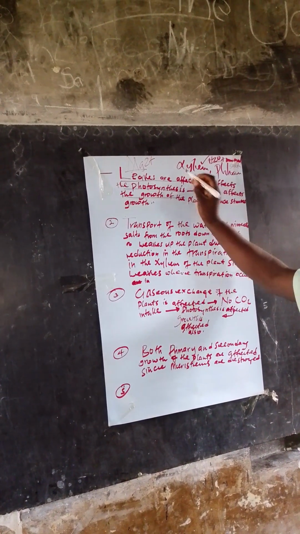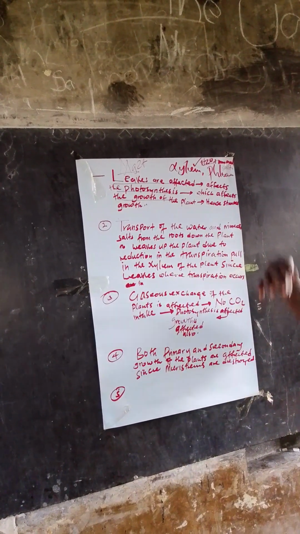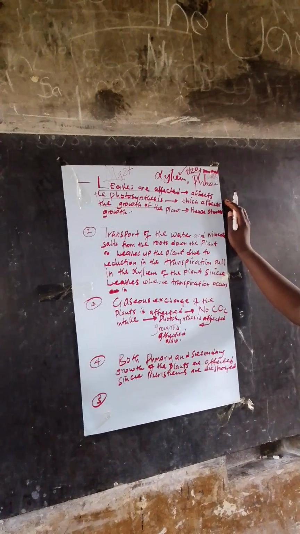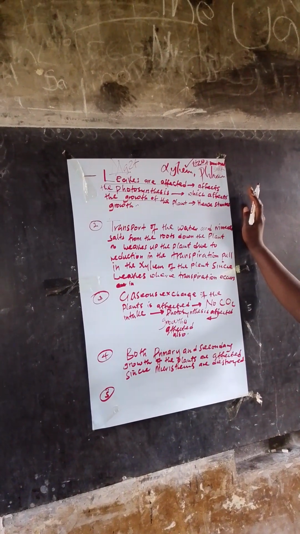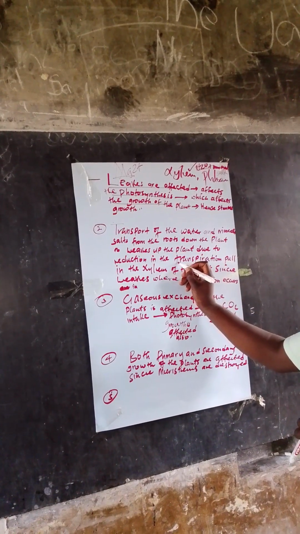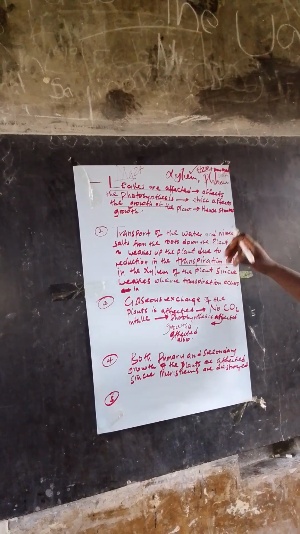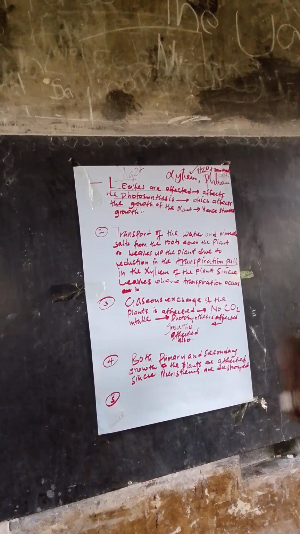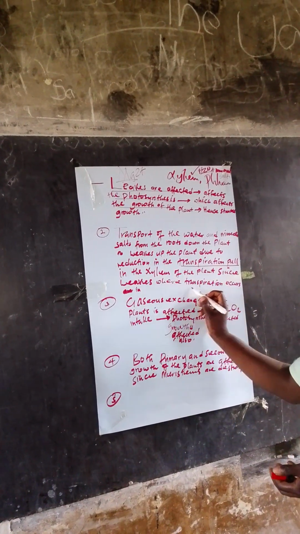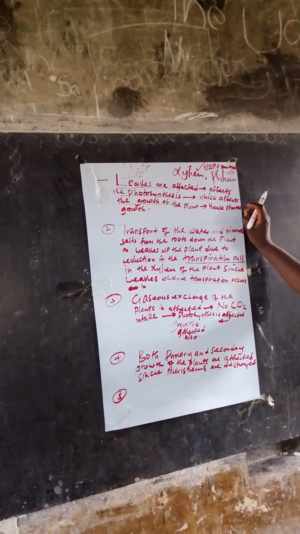So transportation of water and mineral salts is affected in a way that in the leaves there is transpiration. Transpiration occurs in the leaves. That is the excess loss of water. But transpiration comes with a force called transpiration pull. Transpiration pull is a force which pulls water from the roots where it is absorbed up the plant. So if I remove transpiration, even the transpiration pull will be reduced.